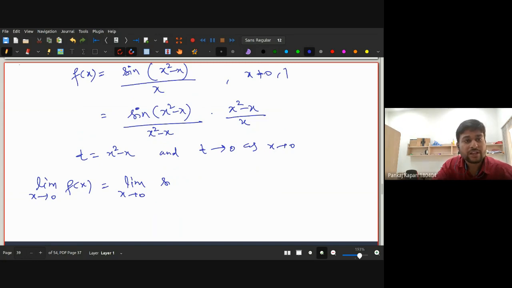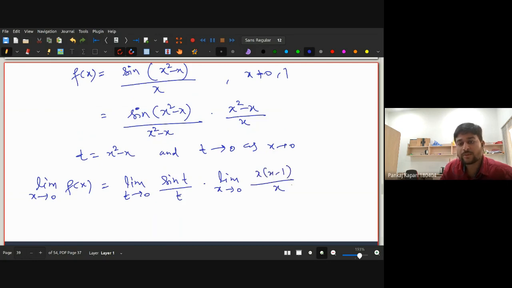So we are making a change of variable, so let's write t goes to 0 for this first function: the limit as t goes to 0 of sin t divided by t, into the limit as x goes to 0 of x into x minus 1 divided by x, right?